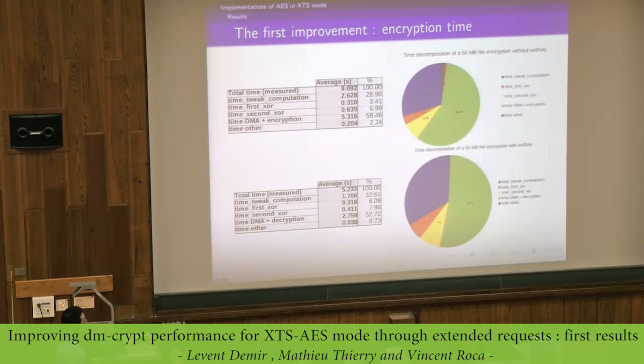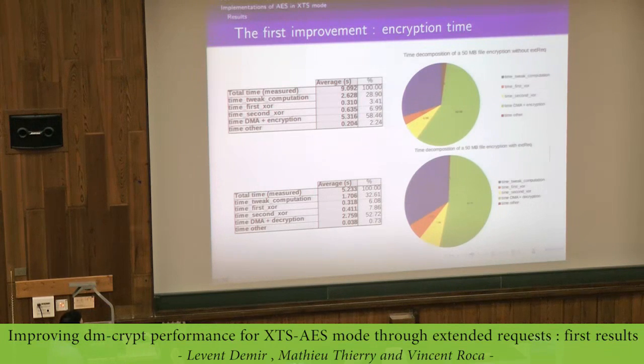Here, we have measured the time inside the Atmel driver, just when we enter the driver and when we go out of the driver. This is the measure for a 50 megabyte file encryption. We have measured the 5 operations: tweak computation, first XOR, second XOR, DMA, and encryption.